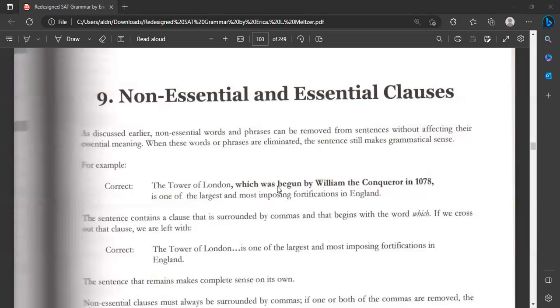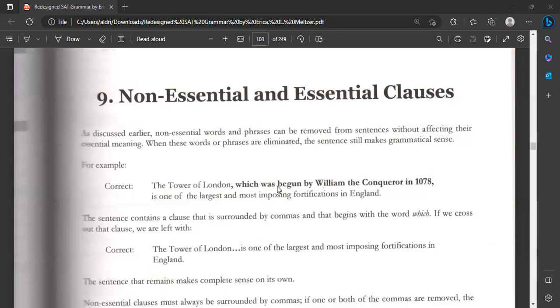Okay, so non-essential and essential clauses, right? The name of the topic probably gives it away, right? When something is non-essential, it basically means it can be done away with.